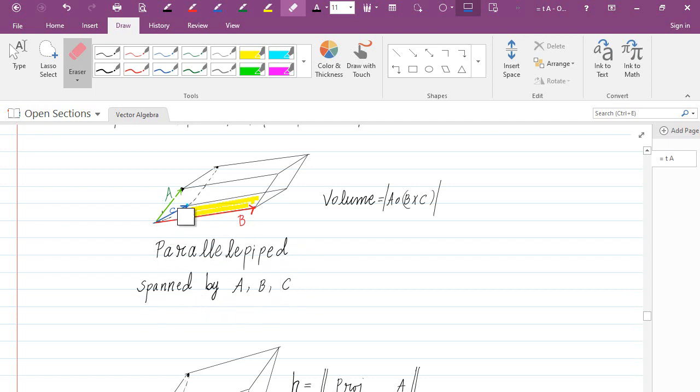Now notice that the vectors A and B span a parallelogram. The vectors A and C span a parallelogram. The vectors B and C span a parallelogram.